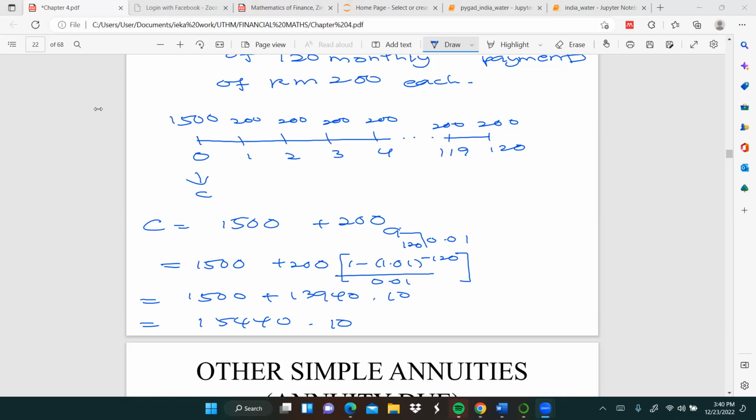So we have RM 1873.71. So at the 9th month, he needs to pay 1,873 ringgit and 71 cents. Okay, next.